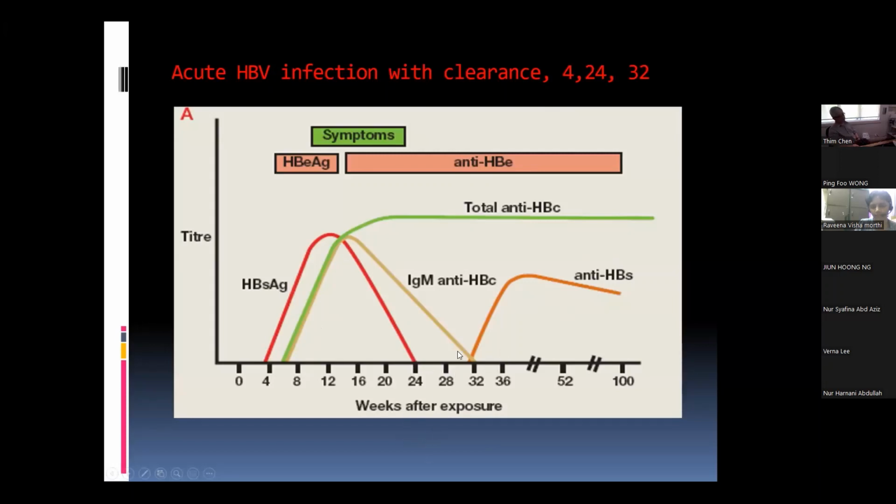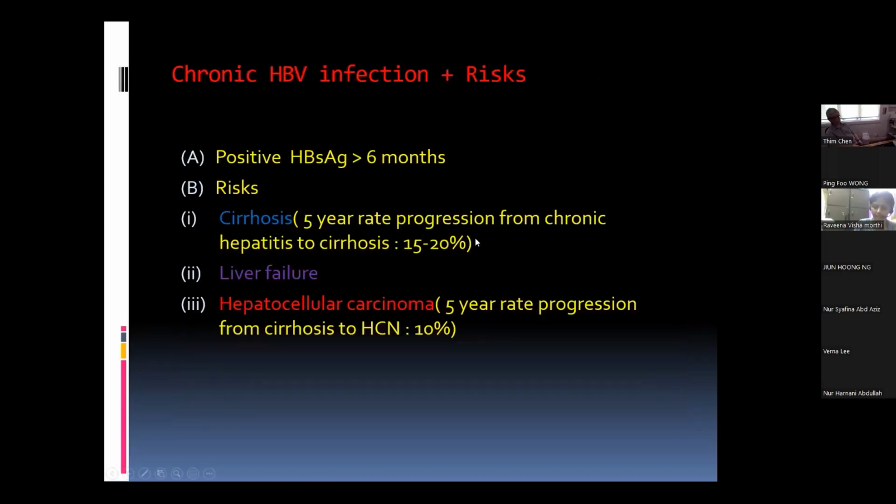Between 24 and 32 weeks of the HBV infection, you get both negative. So it can come out as negative unless you do the total anti-HBc. But of course, in Malaysia, we keep on doing tests. It adds more cost for the patient, unless you're in public service. So 24 and 32 are important figures to remember.